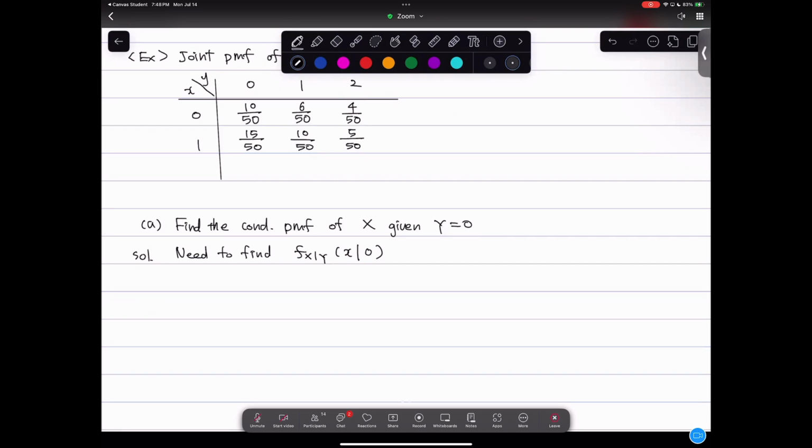The 0 is fixed, it doesn't change, but your x's are either 0 or 1.